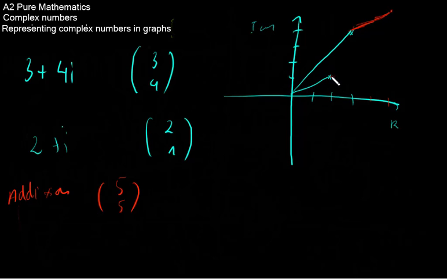Now if we draw a line that is parallel to this line, and another line that is parallel to this line, starting from these two points, we actually make a parallelogram.